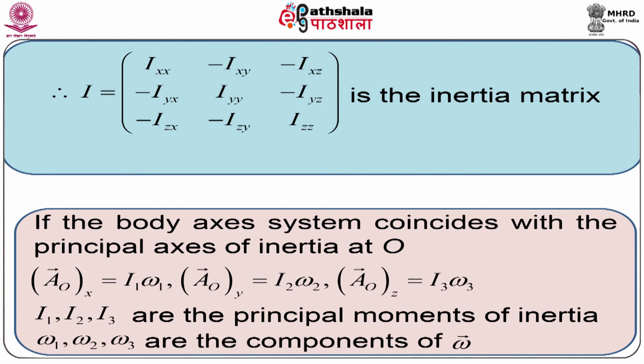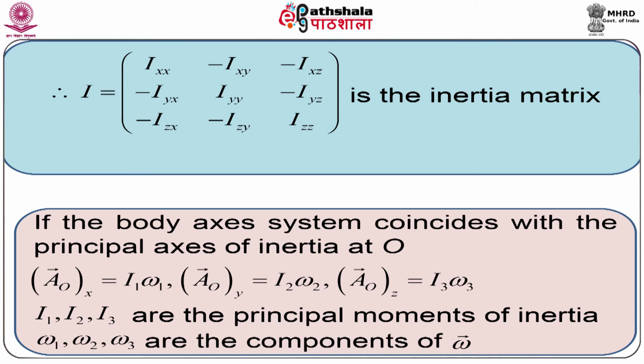If the body axis system coincides with the principal axis of inertia at O, then the products of inertia vanish, that is Ixy, Ixz, Iyx, Iyz, Izx, Izy will vanish.